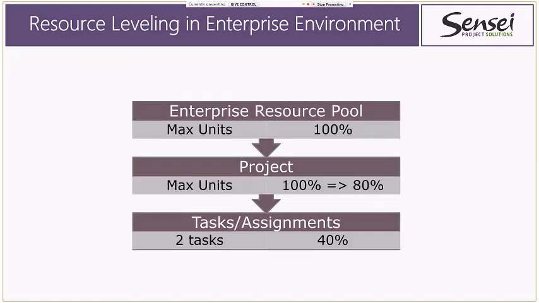Now let's talk about how you do this across projects and in an enterprise environment. An enterprise environment is a little bit different because you have to compete for resources against other projects. So think of it this way.